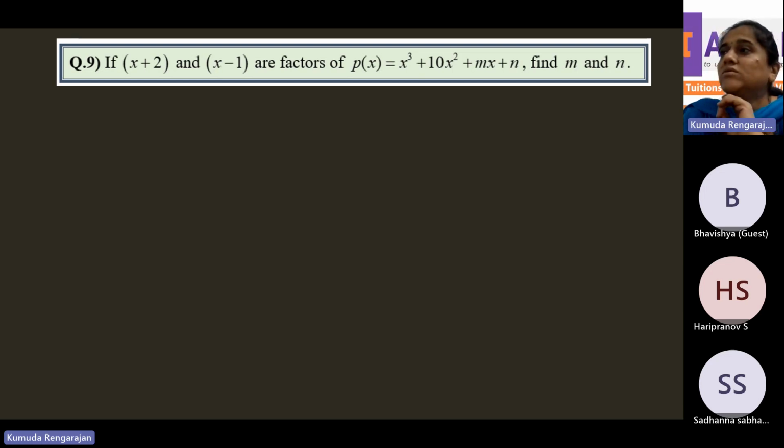The second number is wrong. M is equal to?